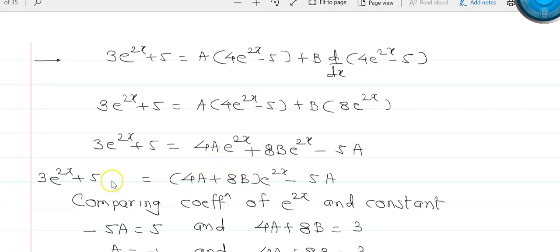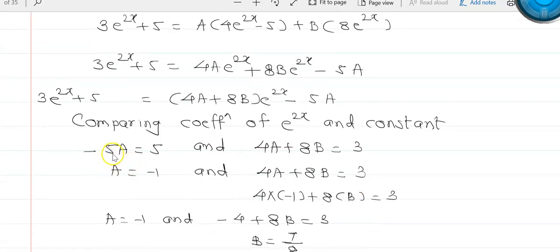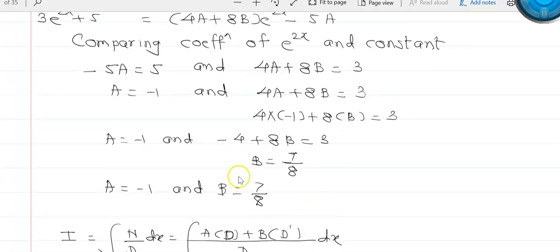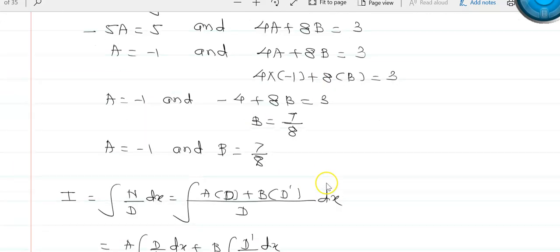On the left hand side, it is 3 into e raised to 2x, and on the right hand side, it's 4a plus 8b into e raised to 2x. Comparing, you will get minus 5a is equal to 5, therefore a is equal to minus 1. And the coefficient of e raised to 2x on both sides gives 4a plus 8b is equal to 3. Substitute the value of a and you will get the value of b, which is 7 upon 8.